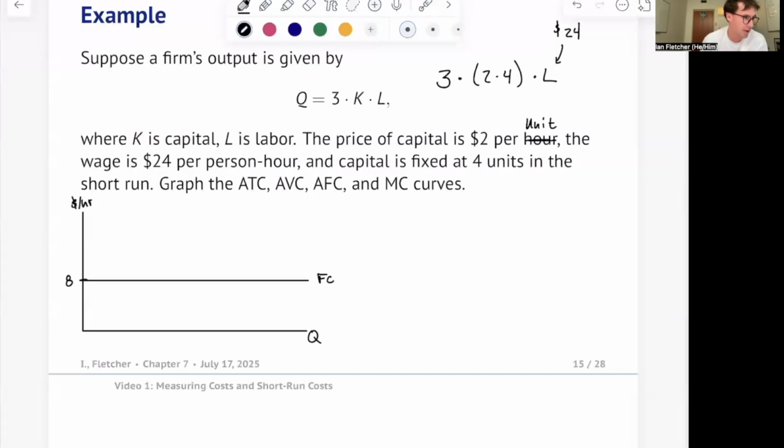So work with me here for a second. I'm trying to pull up my example. Okay. Our fixed costs, I think, should be this 8 across.